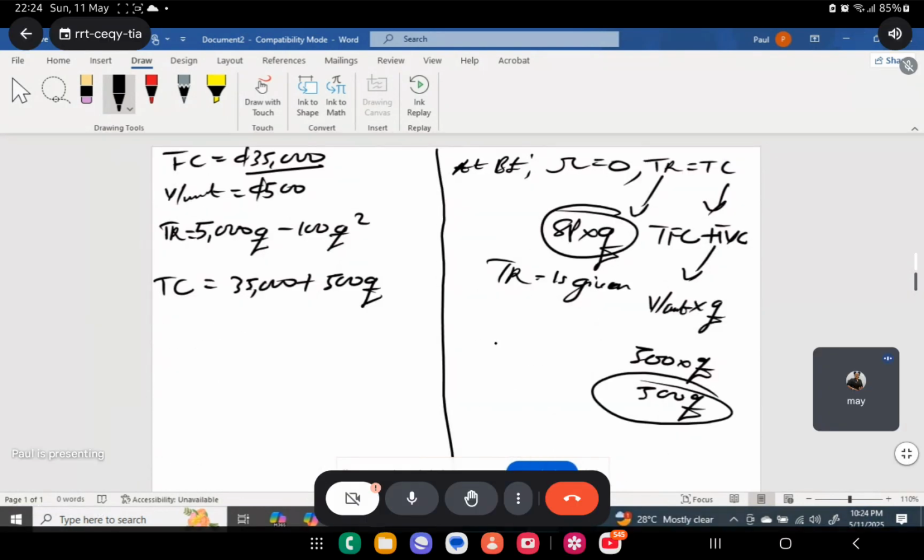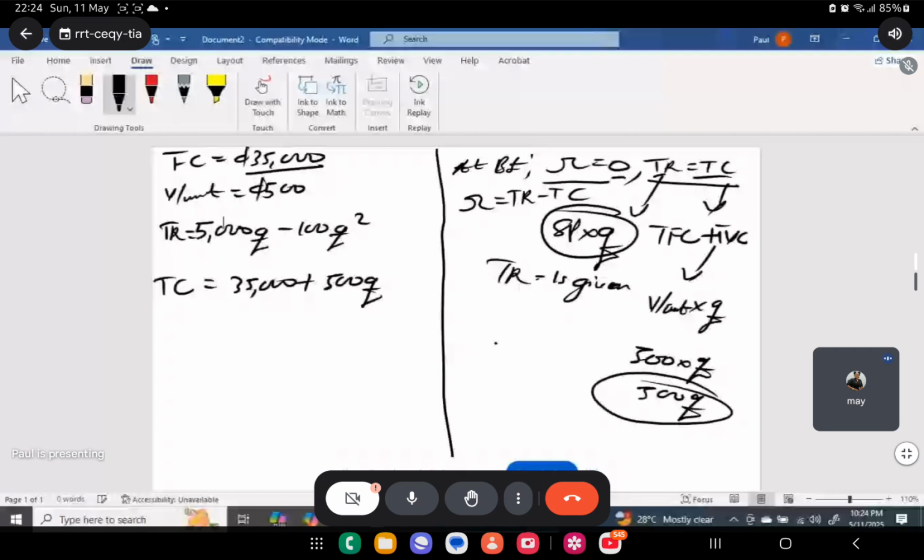I'm going over again. I'm saying that at break even, our profit is zero, or our total revenue is equal to our total cost. We know how to find profit. Profit is total revenue minus total cost. So we can use it from this side or this side, but the question requires that we use it from this side.